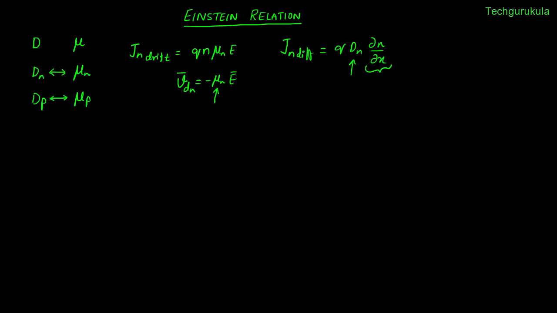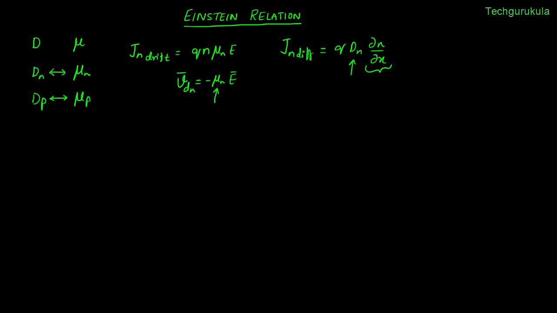If you see the two quantities μn and Dn, both of them talk about the ease with which the electron moves inside the semiconductor, but one is under the influence of an electric field, and the other is when there is no electric field, only a concentration gradient.